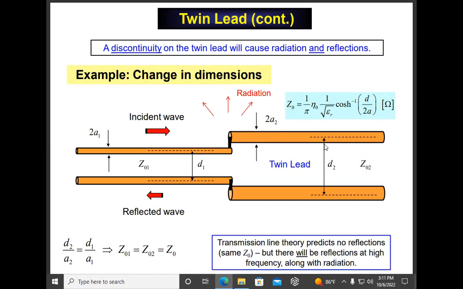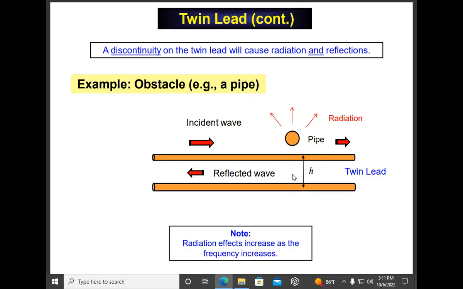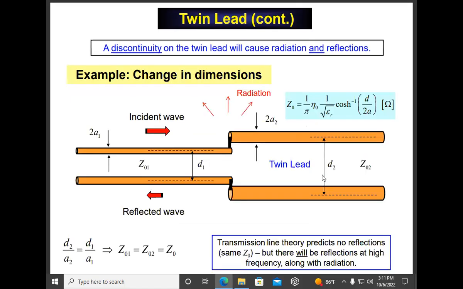Now, again, one thing you can do to minimize the effects is try to keep the spacing between the wires as close as possible. Here's another interesting example of radiation. This is something a little bit different. Look what I've done here. One twin lead meets another twin lead. We had this formula earlier in the semester for the characteristic impedance of twin lead.